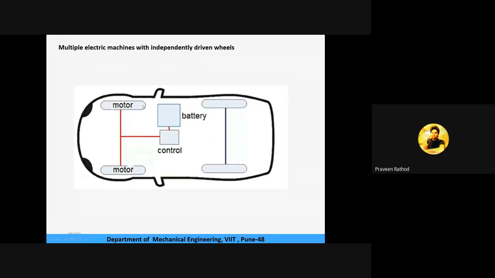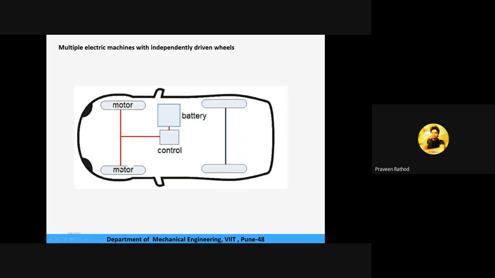For this wheel, I am using a separate traction motor to drive the wheel. For the right or left, I am going to use a separate traction motor, so that the left wheel and the right wheel are driven independently.